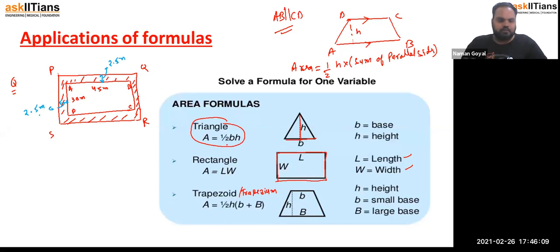2.5 meter. Okay, so write down, question is, a rectangular park is 45 meter long and 30 meter wide.